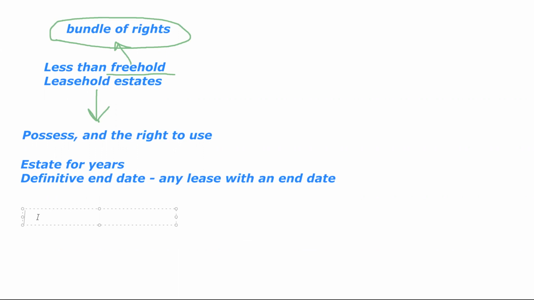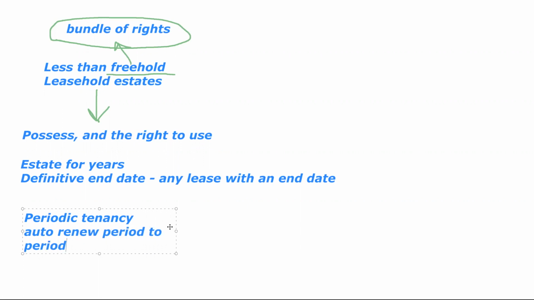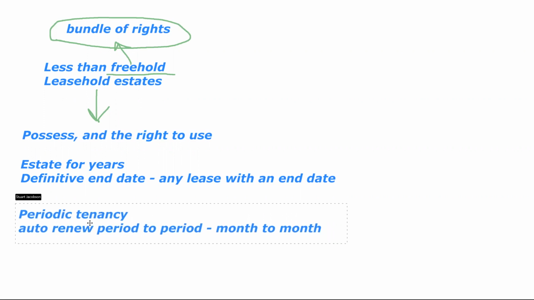Next one is going to be a periodic tenancy. This is classified as being an auto renew period to period. An example of this would be a month to month. Now, could you have a week to week, a year to year, a 6 month to 6 month?